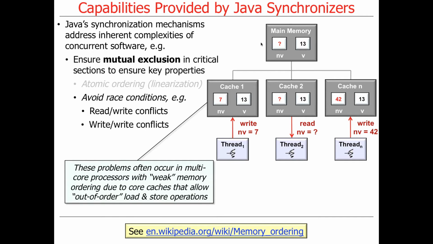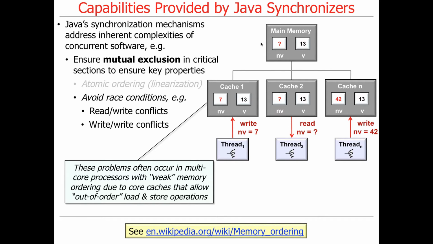But the way to think about this is that when you've got caches, then oftentimes the way the caches are managed and flushed back to the main memory that they're caching, it may end up with out-of-order operations for loads and stores, where it becomes somewhat non-deterministic what values you're going to get unless you do some other stuff, like use the synchronizers we're going to talk about.